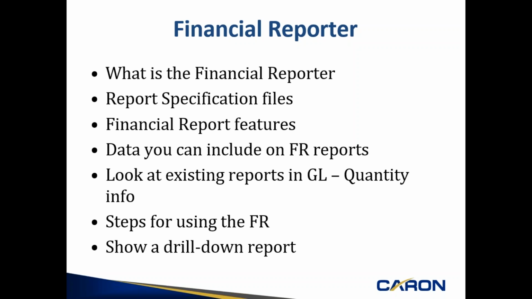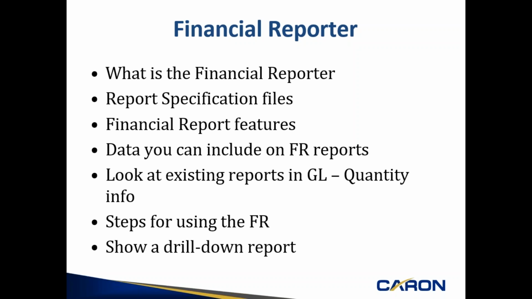Okay. So there are a number of different types of data that you can access with the financial reporter. You can access net balances, historical current balances for any range of accounts, and net changes for a particular fiscal period, for the quarter, or for half the year.